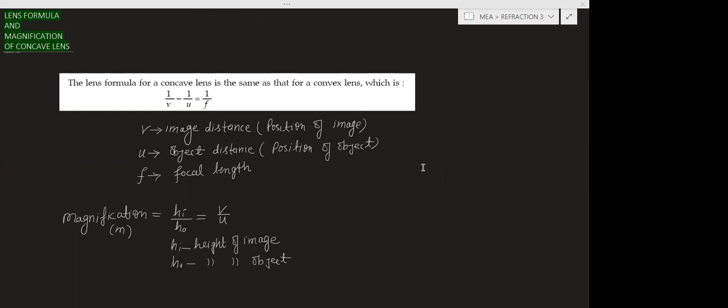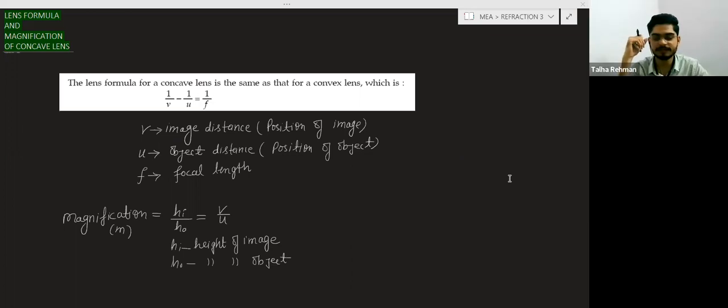Done, sir. Yeah, done, sir. I will take a very simple numerical on concave lens. Very simple.